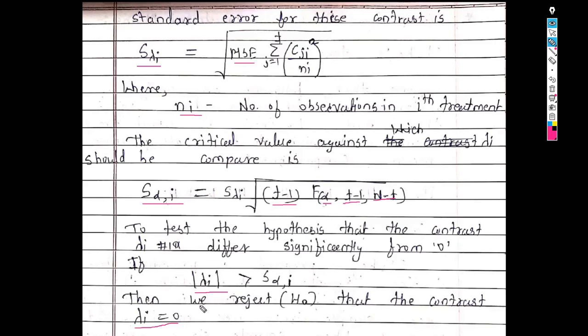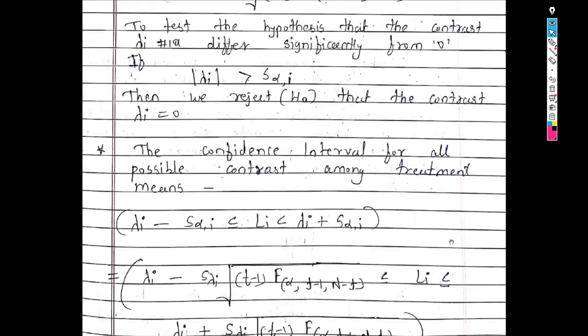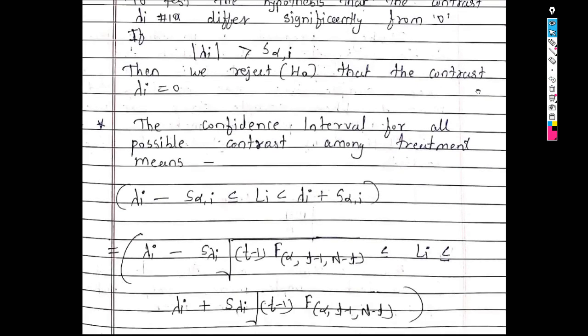If the modulus of λi is greater than the critical value S_α,i, then we reject our null hypothesis at the given α level of significance. So this is about Scheffe's method for comparison of linear contrasts.